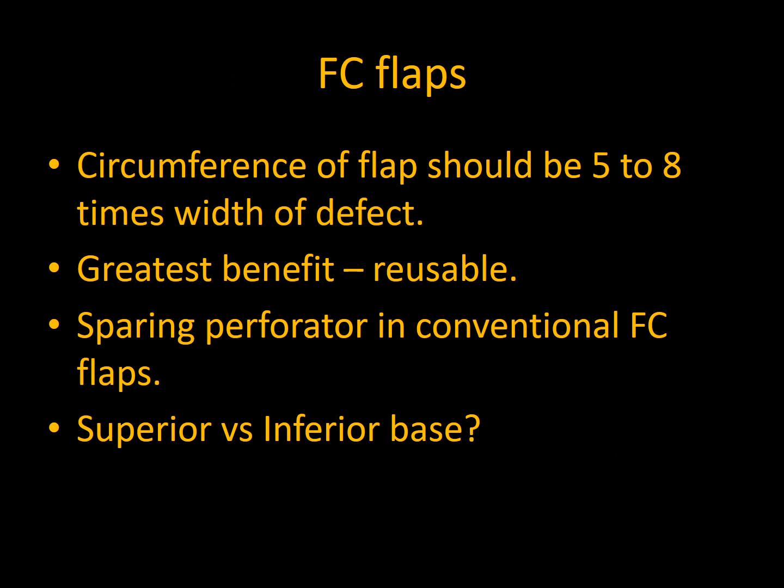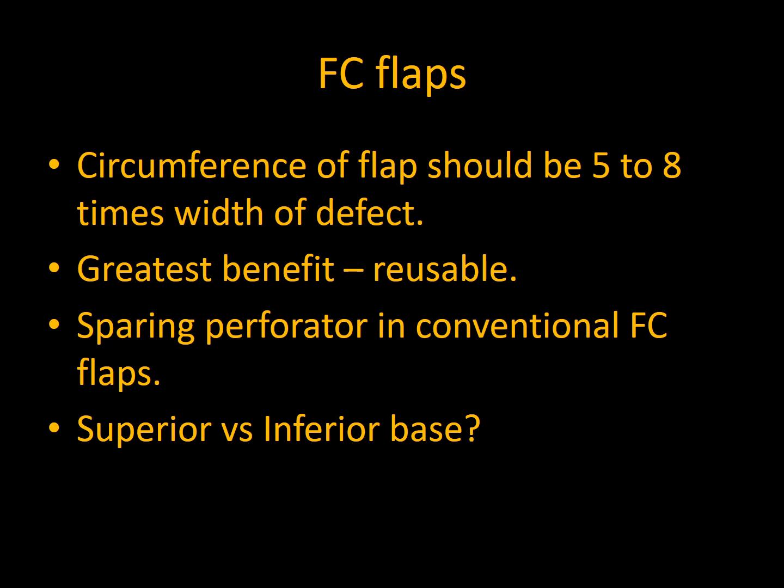Now coming to fasciocutaneous flaps. When we plan a fasciocutaneous flap, what is specific for pressure sores is that the circumference of our flap should be very large. It should be at least 5 to 8 times the width of the defect, because we need to re-advance those flaps, and as we all know pressure sores have a very high rate of recurrence.